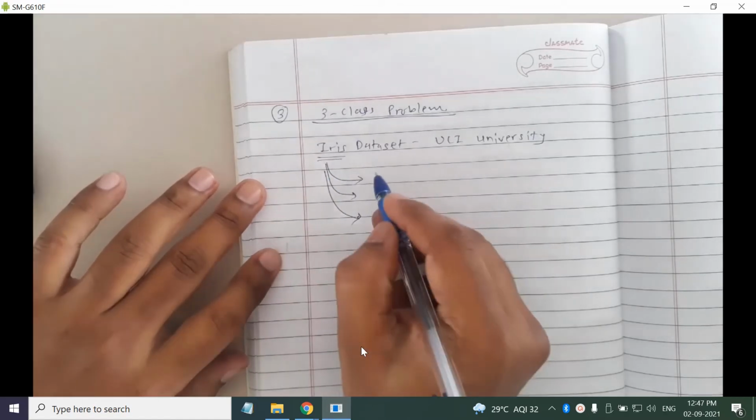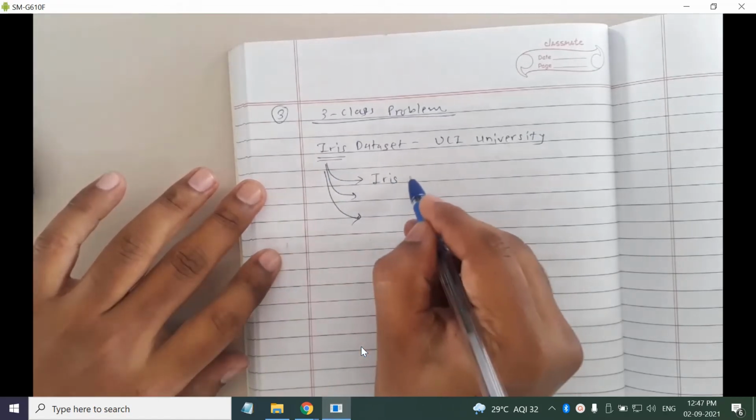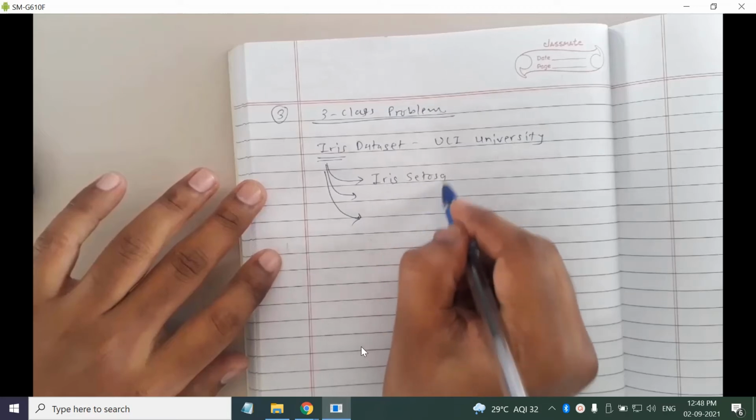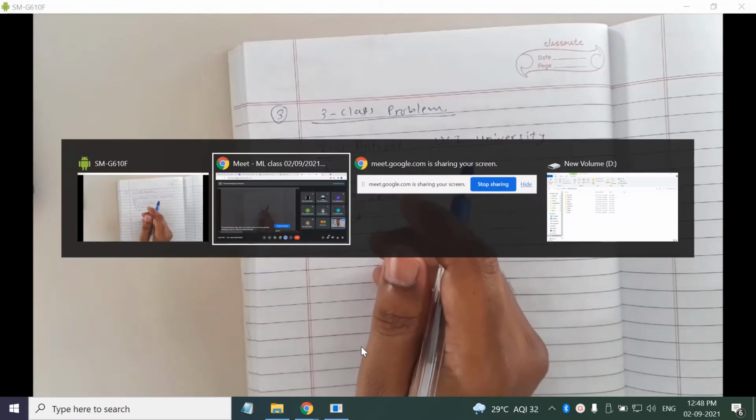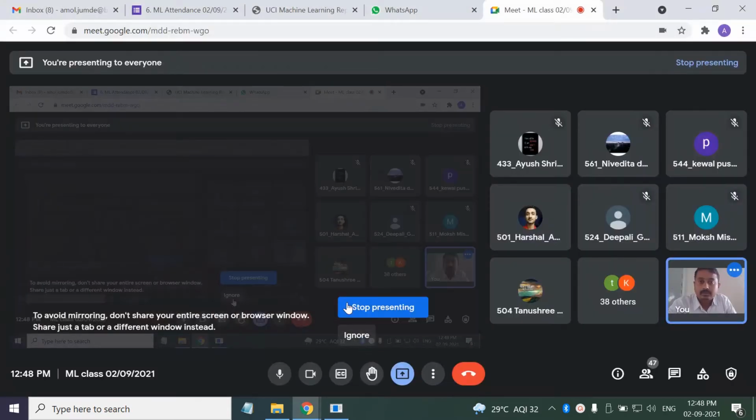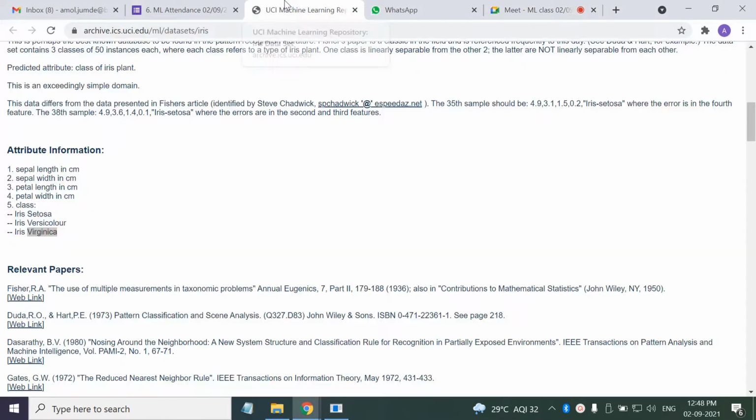They are known as IRIS setosa, IRIS versicolor and IRIS virginica.